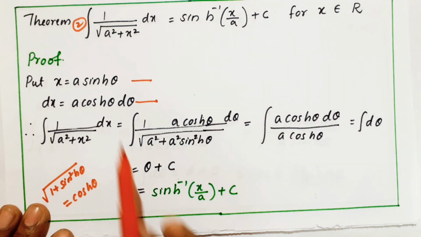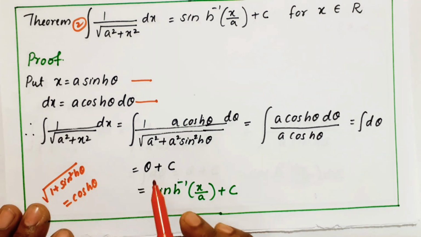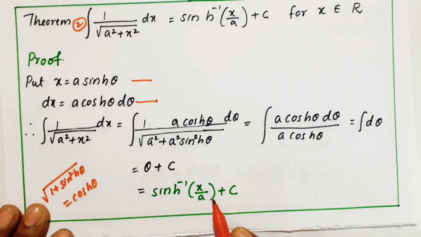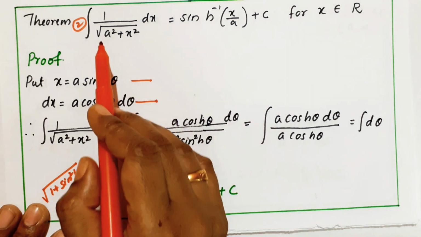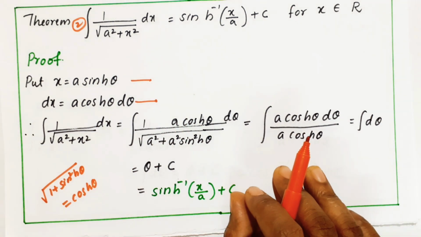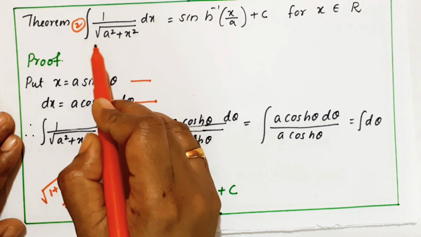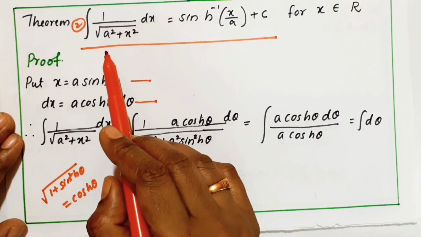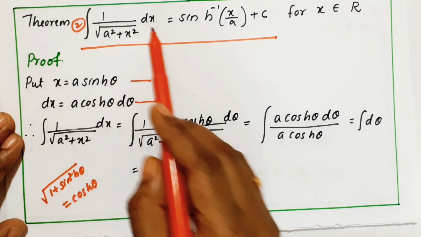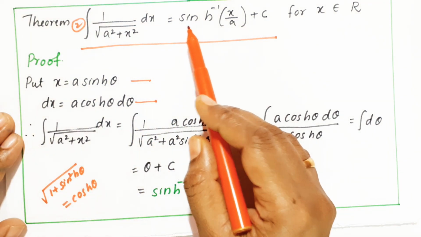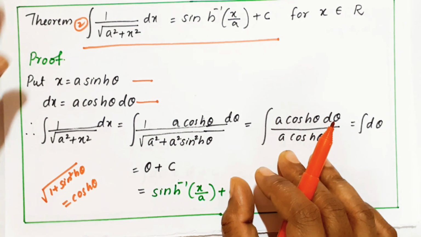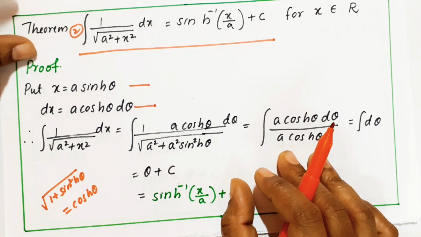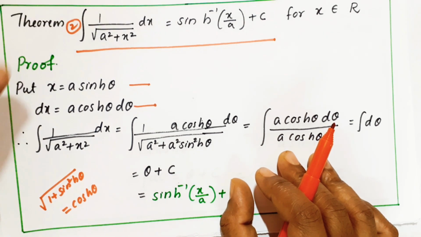From this equation, you can write theta as sinh inverse x by a plus c. So we get the second result: the integral of 1 by root over a square plus x square dx is sinh inverse x by a plus c. It's a very important result.